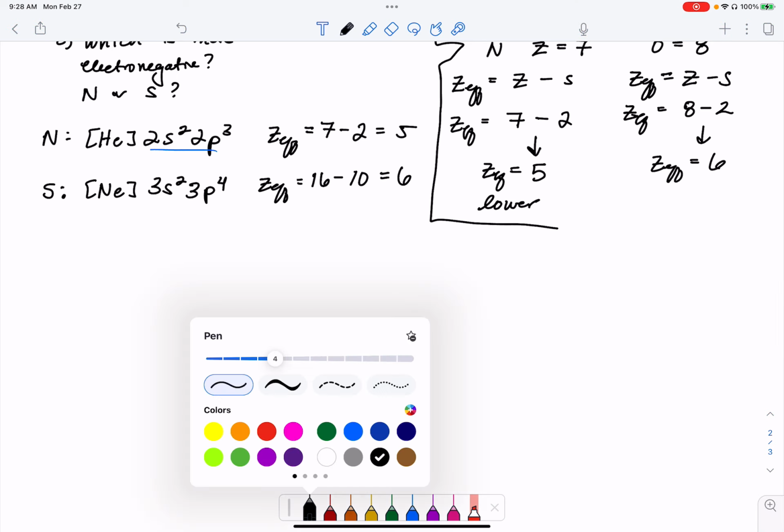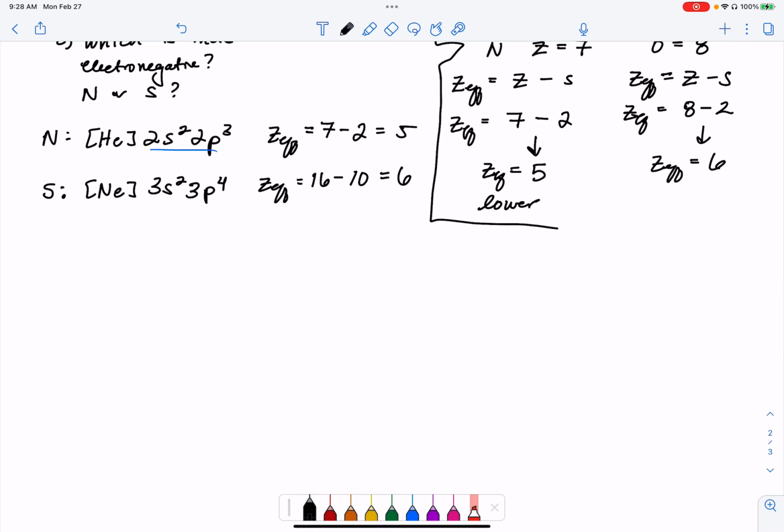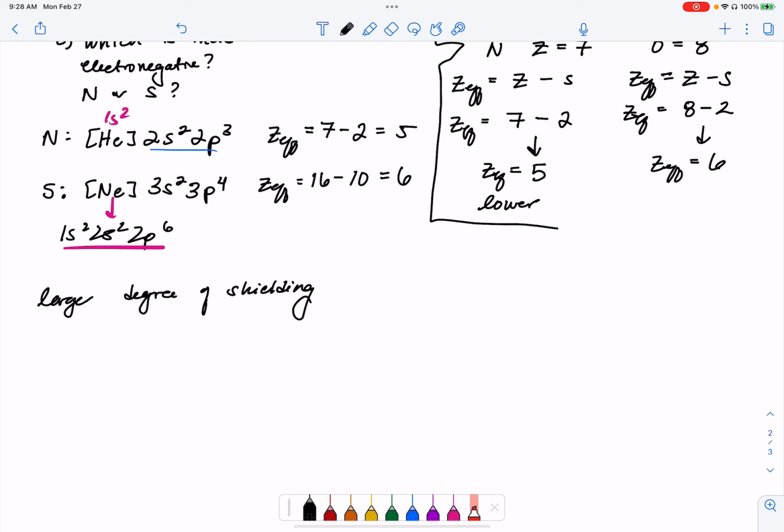And because we have, let's see here, 1s2, 2s2, 2p6, more core electrons than we have here, we expect to see a larger degree of shielding.